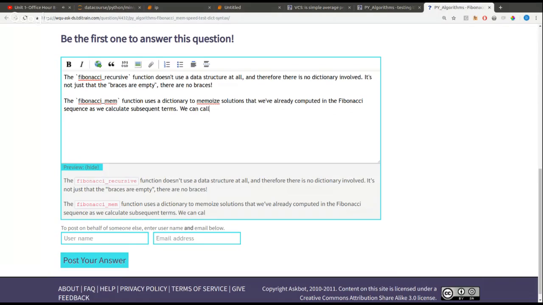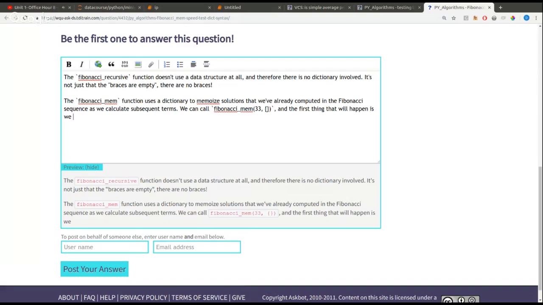We can call Fibonacci mem 33 with empty braces. And the first thing that will happen is we make a stack of recursive calls to Fibonacci mem.